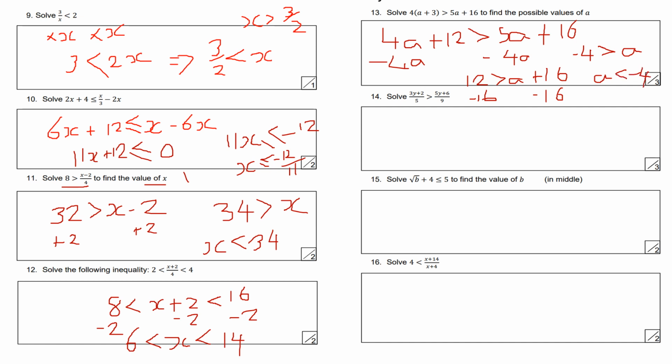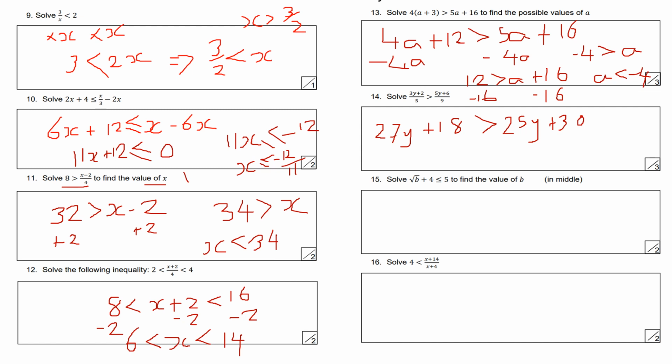Okay, question number 14. So solve this inequality. So cross multiply. So I'm going to have 9 lots of this. So that'll be 27y plus 18 is greater than 25y plus 30, sorry, I apologize.